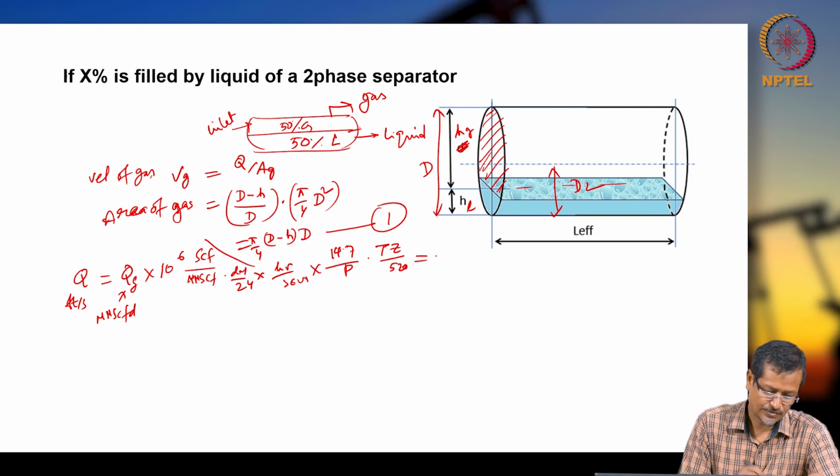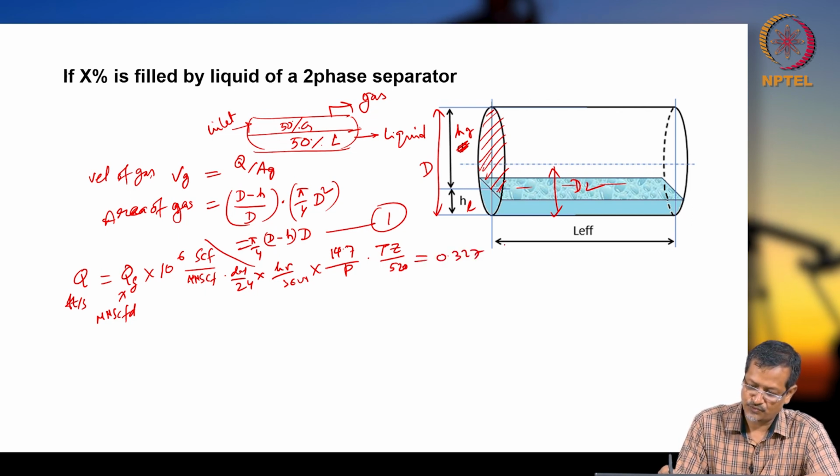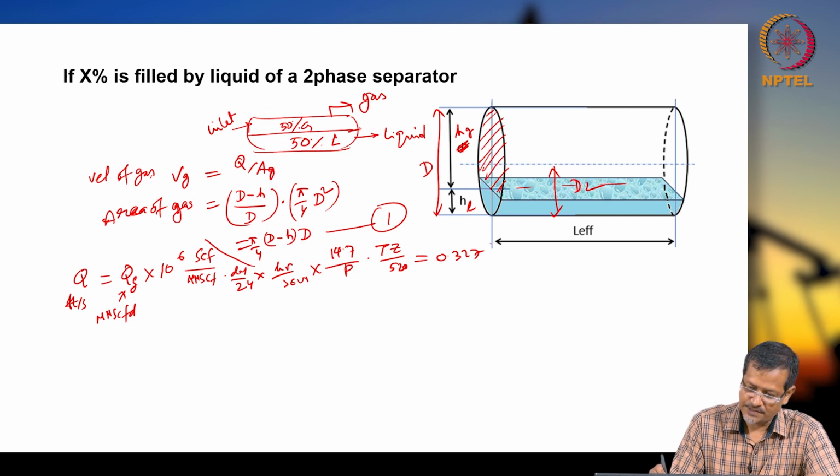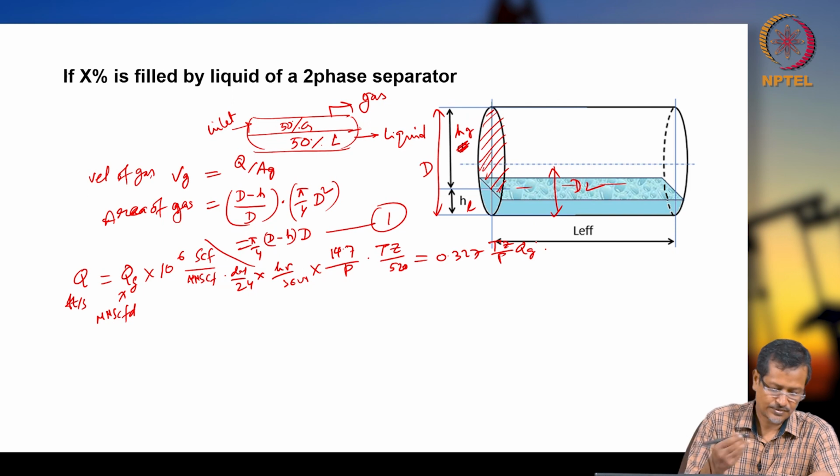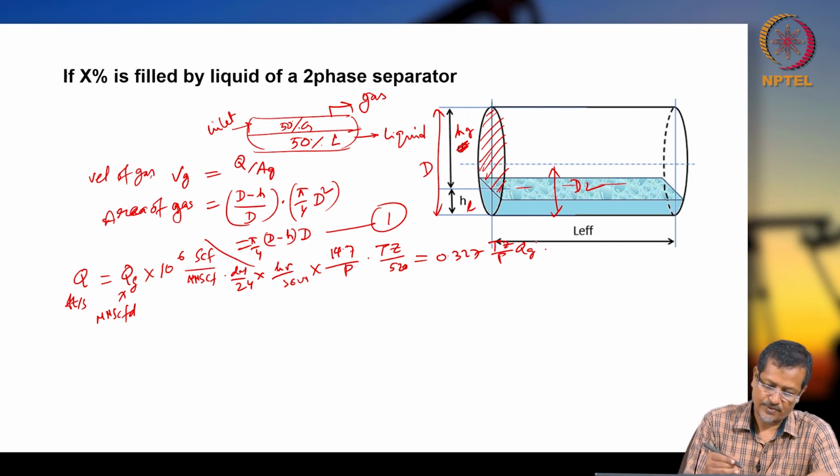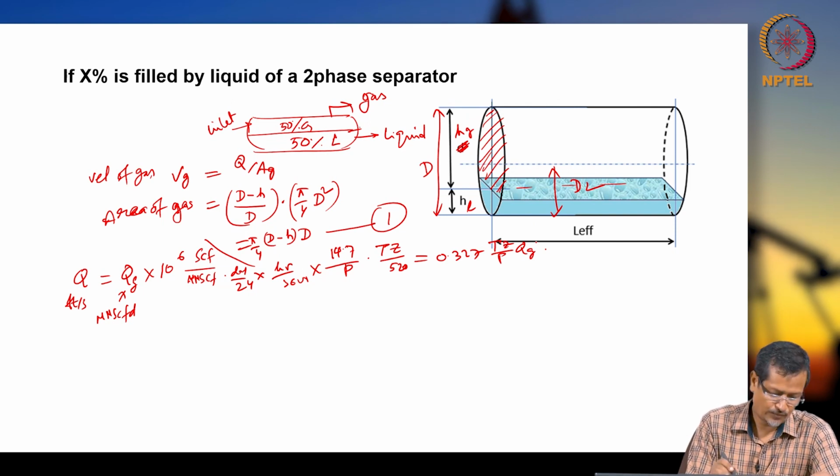Okay, so this will give 0.327 TZ Qg by P.